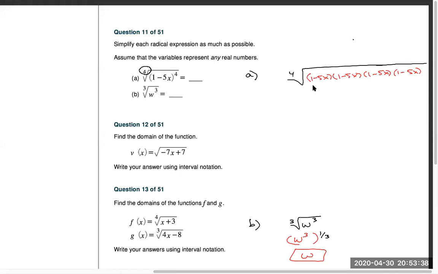Okay, you have 4 of these factors. So when you take the fourth root, only one of the factors comes outside. And then because your root is even, you're going to go ahead and put absolute value around.